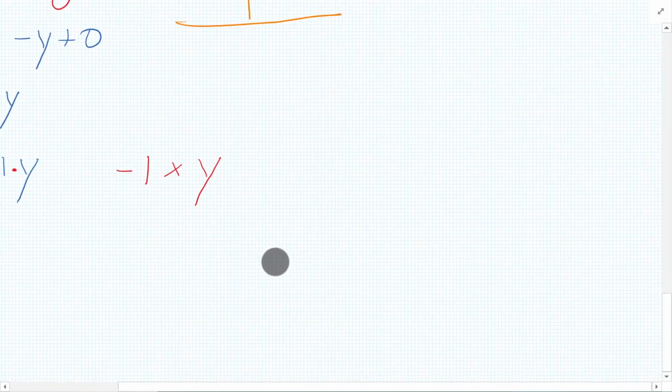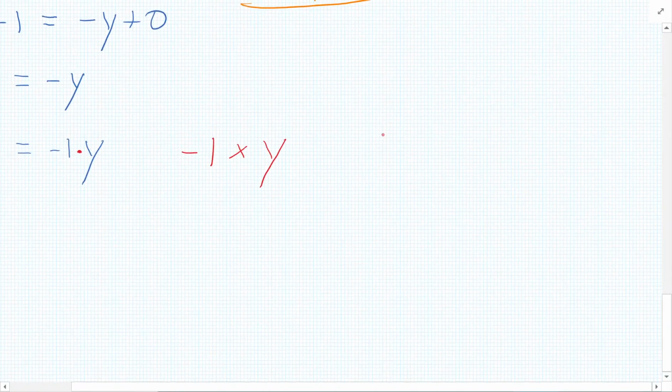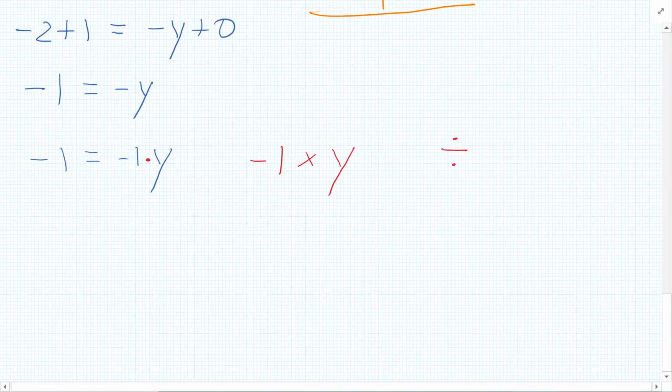Well, what is the inverse operation of times? It is division. Okay. We do an inverse operation to get rid of negative 1. The inverse operation of times is not plus. It is not minus. The opposite of division is multiplication.